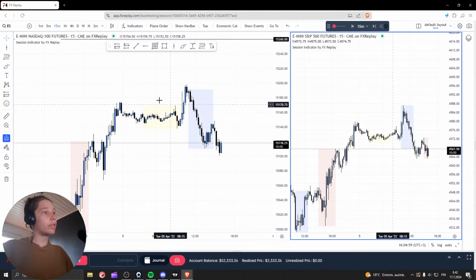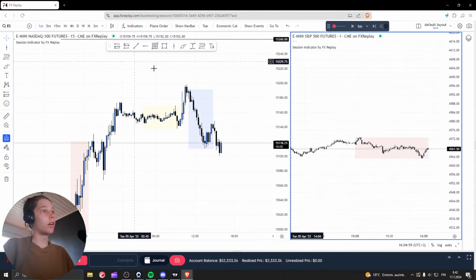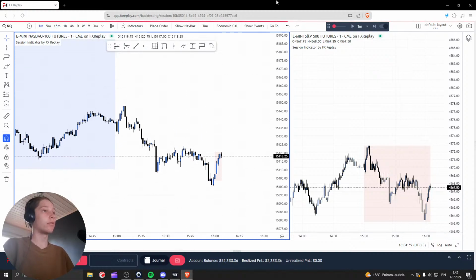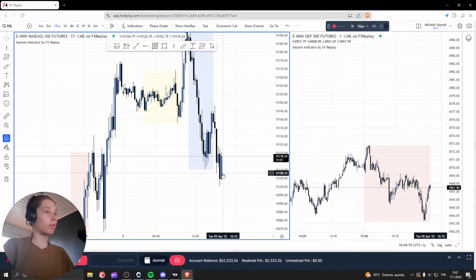I don't really see the model here. SMT is not a good enough reason to go into a long or short, meaning that I'm probably going to skip the market open at 9:30.